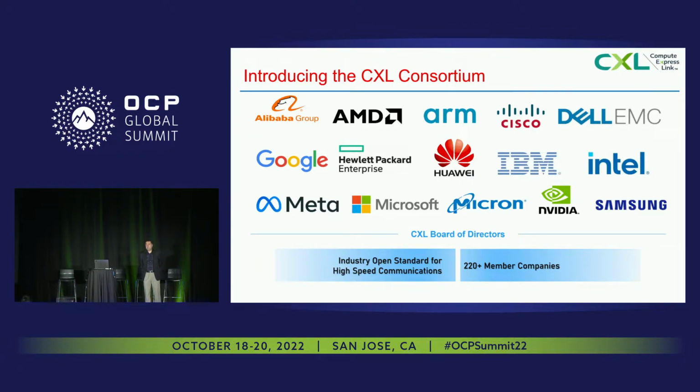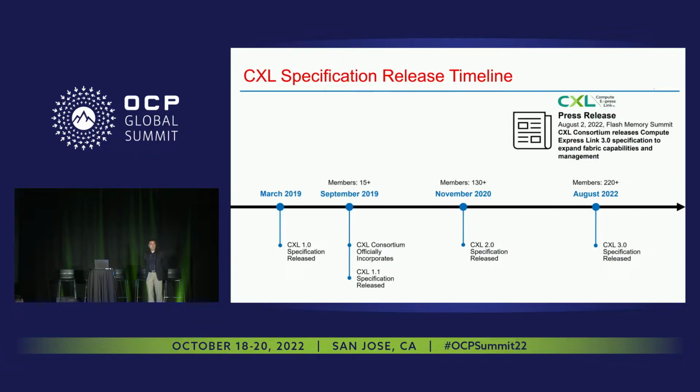So it has been a very good journey. We started in March 2019 as CXL 1.0 was contributed first, and then immediately after that, more companies got together and added a compliance chapter and made it into CXL 1.1.